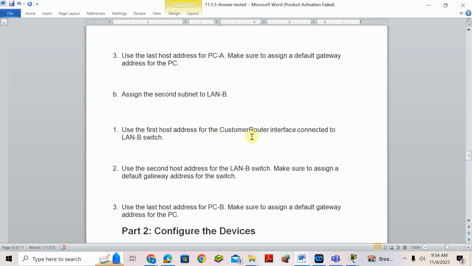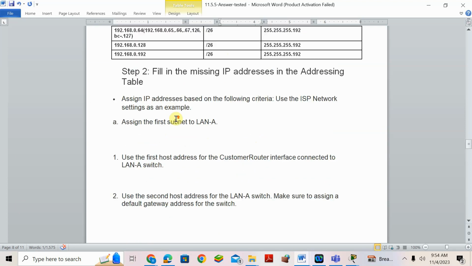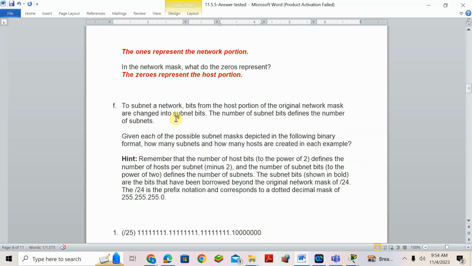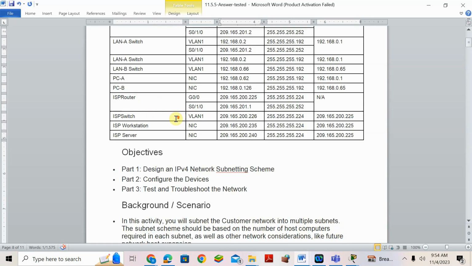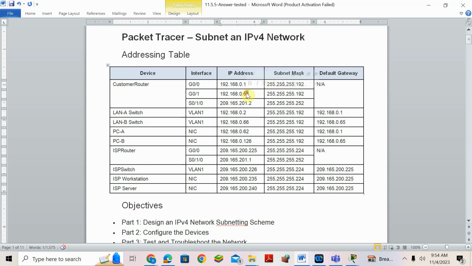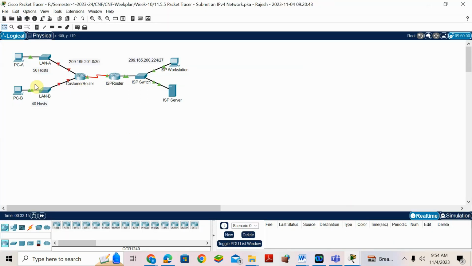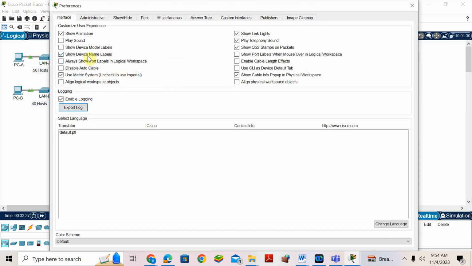See, first will be the LAN B connection, G0/1, so this is 65. Second will be 66. Last will be 126 for PCB. And for LAN B and PCB, the gateway is 65. Why? Because LAN B PCB is connected to the router via this interface G0/1. That's why it is 0.65. Okay. Then let me set this preference to always show port label.